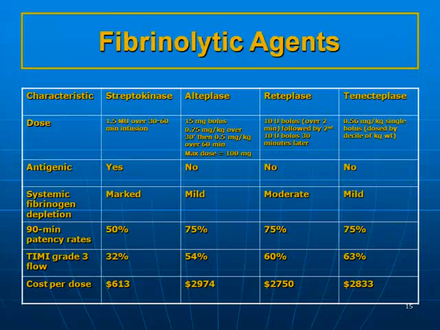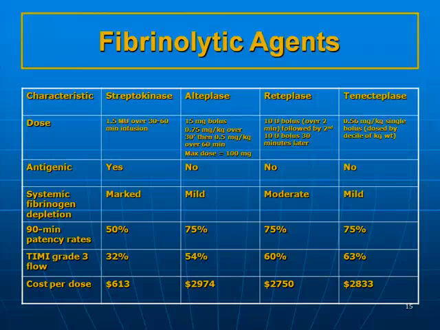But this table shows you the available fibrinolytic drugs, most of which are still available on the market. Streptokinase is derived from a streptococcal origin and is relatively cheap, but I don't know that it gets used much in the United States for MI. It's not as effective as the fibrin-specific drugs.